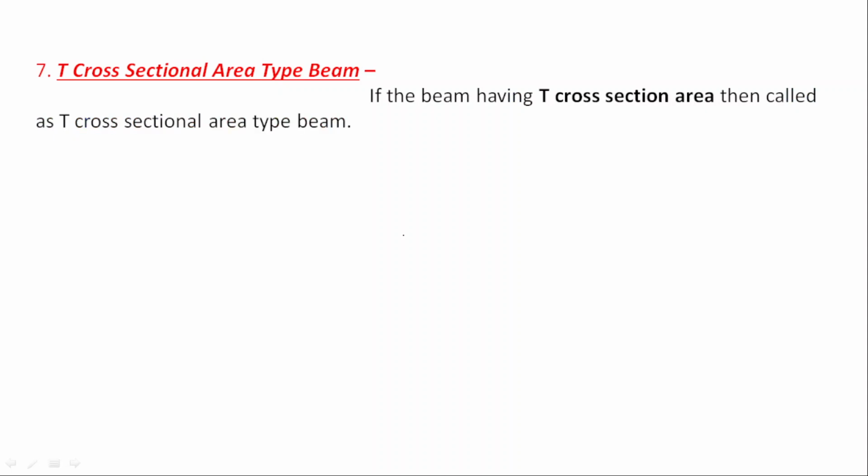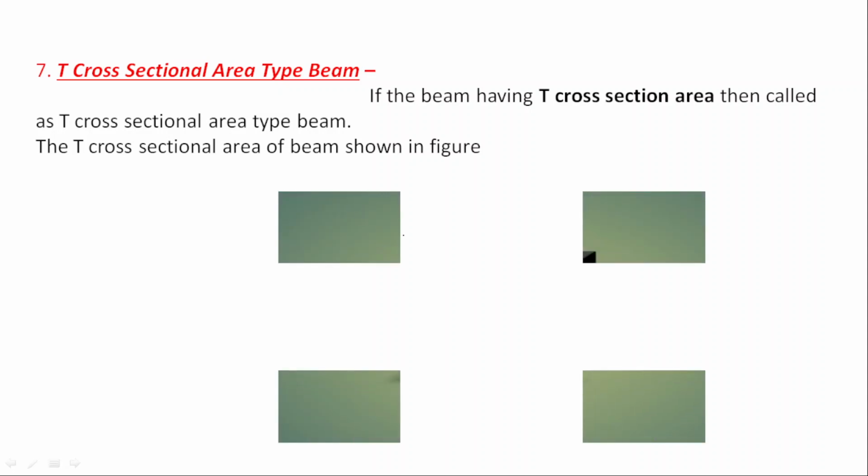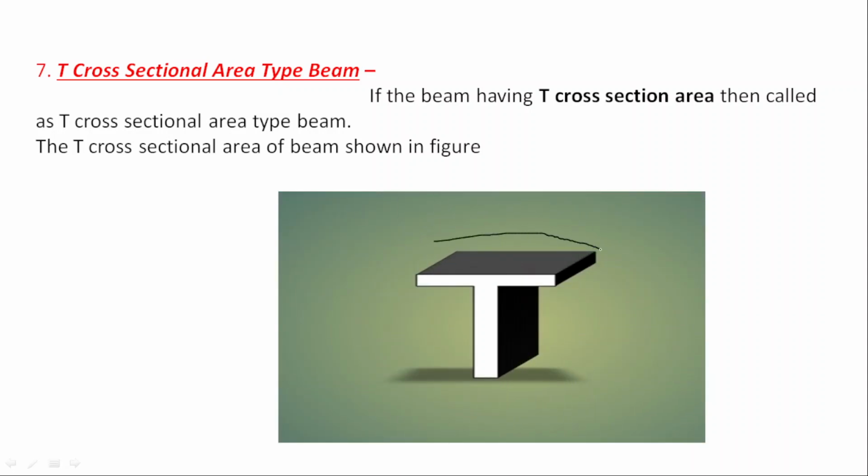T cross sectional area type beam. If the beam has a T cross sectional area, then it is called a T cross sectional area type beam. The T cross sectional area of the beam is shown in the figure. You can see the beam looks like T, therefore it is called T cross sectional area.